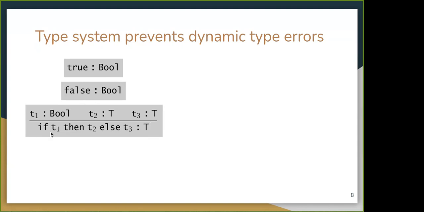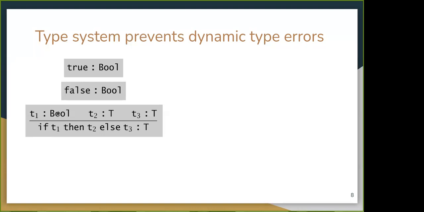And then what's a bit more interesting, if we have an if statement, well, first we know that our rules only allow for Boolean values in the conditional position. So we know that in order for this program to successfully execute, at least we have to know that the conditional will evaluate to a Boolean.